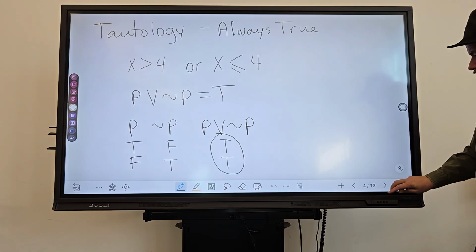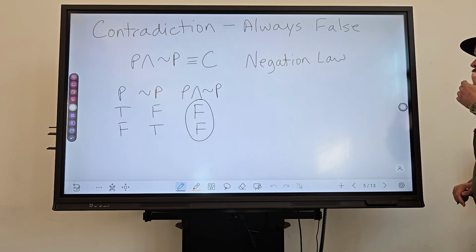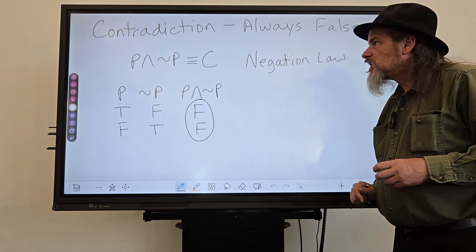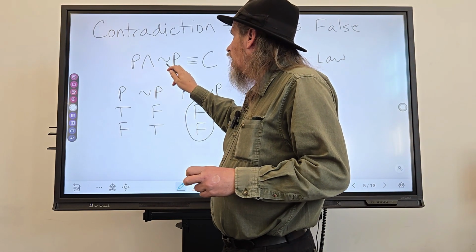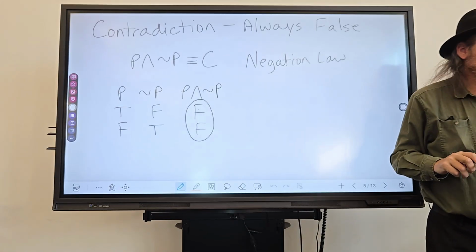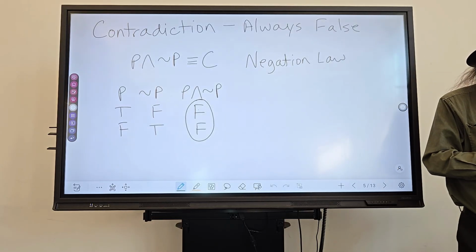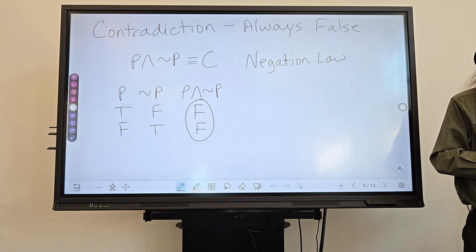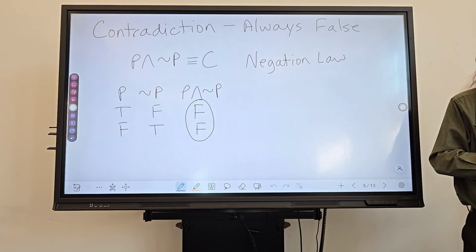Now, the opposite of a tautology is a contradiction, which is always false. For example, P and not P. Going back to the previous example, if P is x is greater than 4, not P would be x is less than or equal to 4.